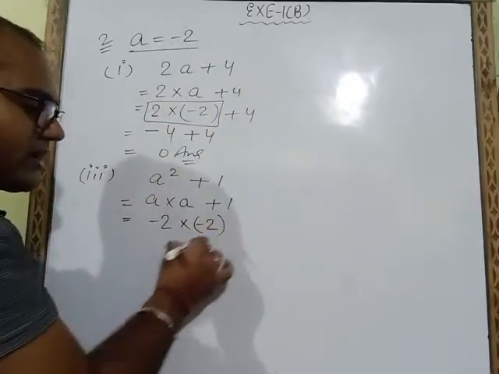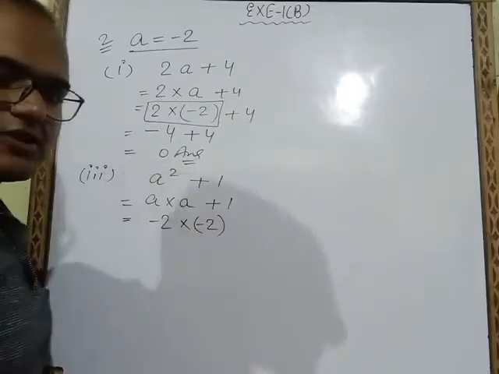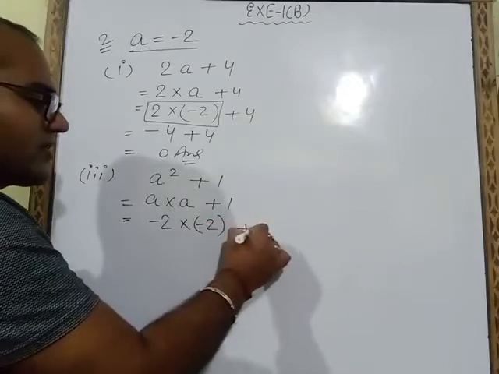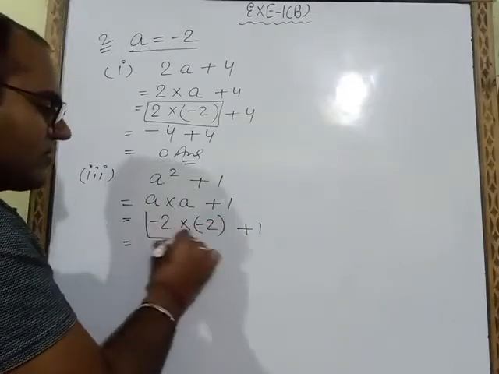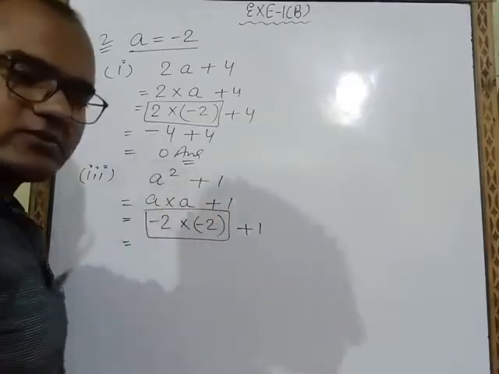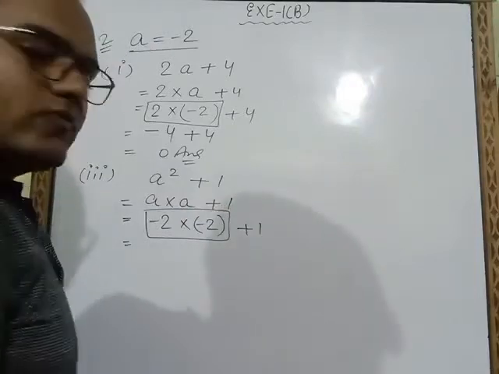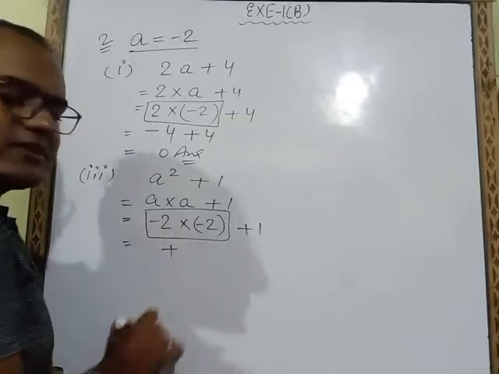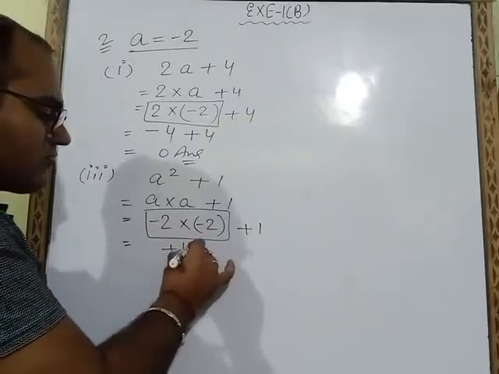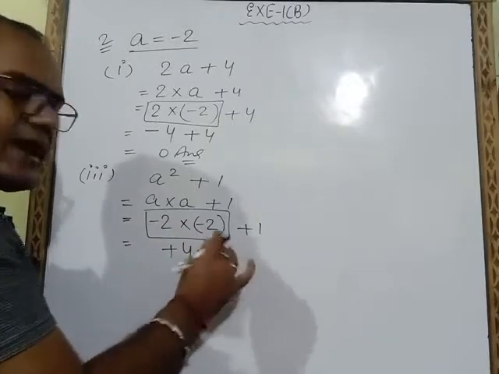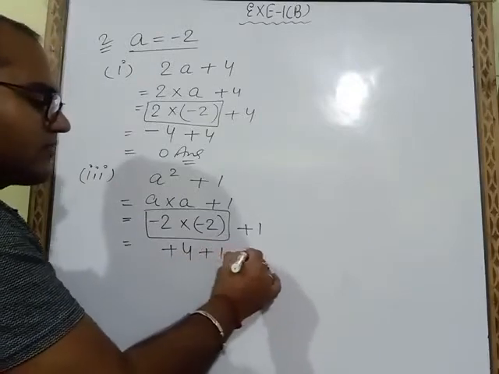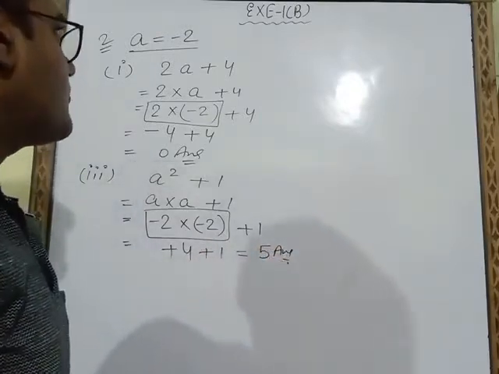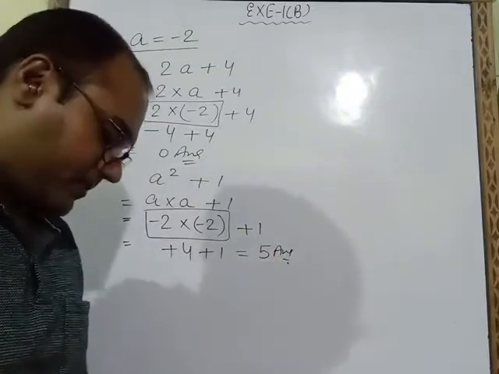Here we take a bracket because multiply and minus are written together. Plus 1 we write as it is. Now we multiply these two terms, first the sign: minus multiply minus is plus, 2 multiply 2 is 4, this plus 1 we write as it is. Now 4 plus 1, final answer is 5. So this is your final answer of part number 3.